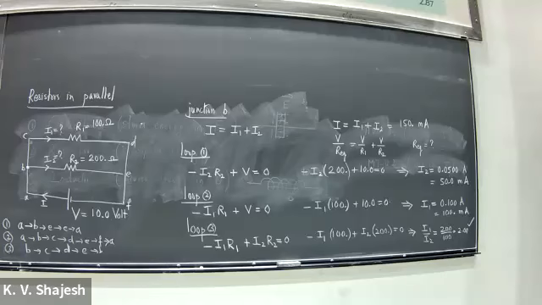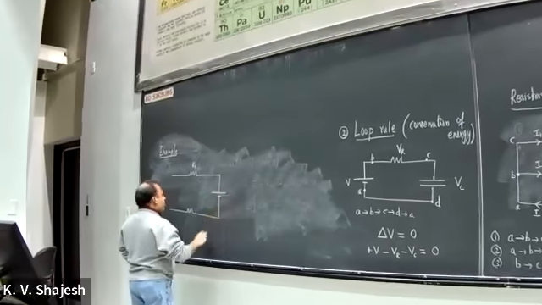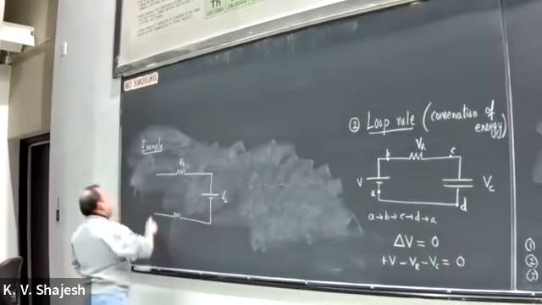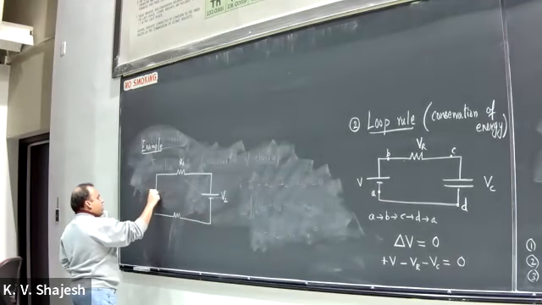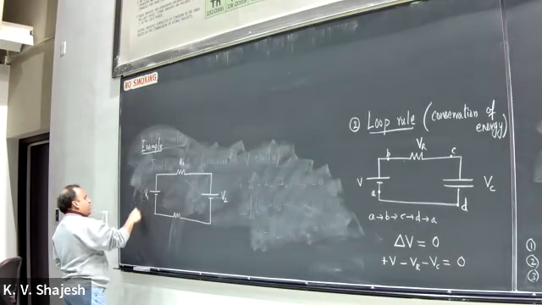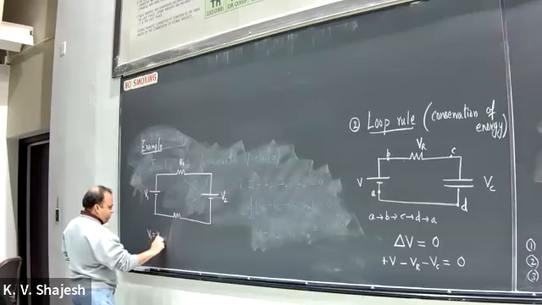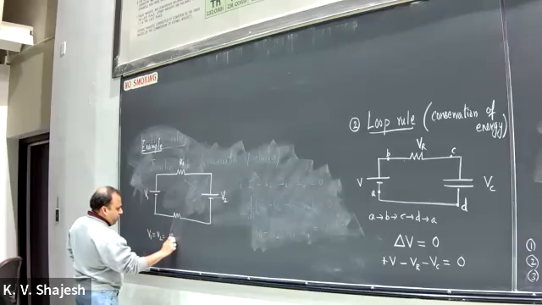Let's say this is R1, that's R2, and that is a V2 here, and let's say that is a V1. Let's say V1 is equal to V2, and both of them are 10 volts.